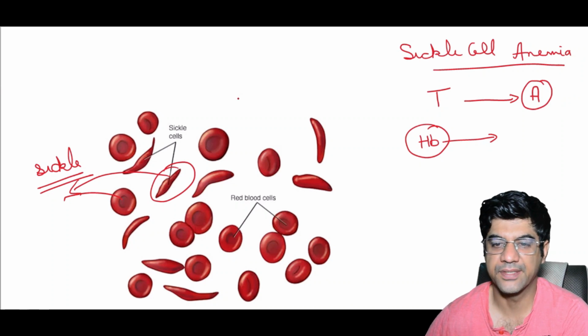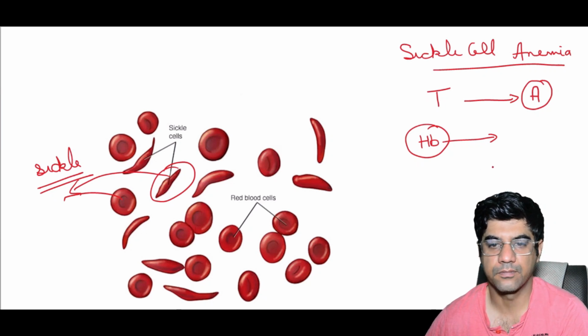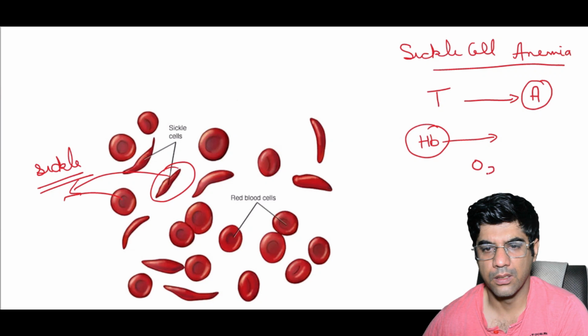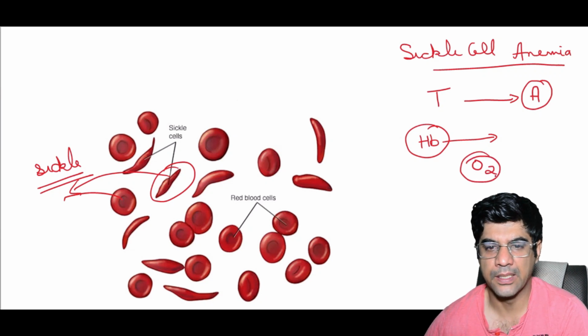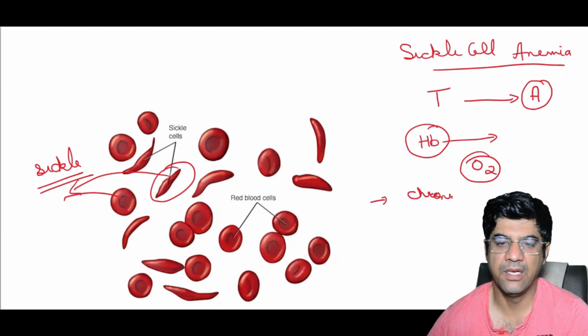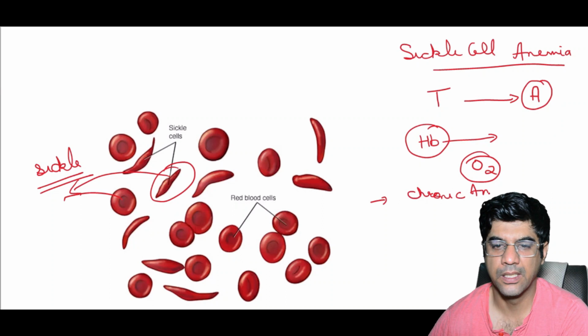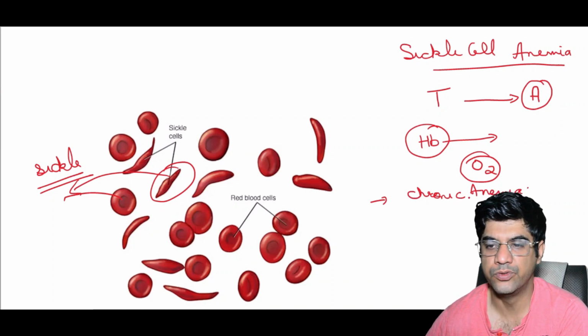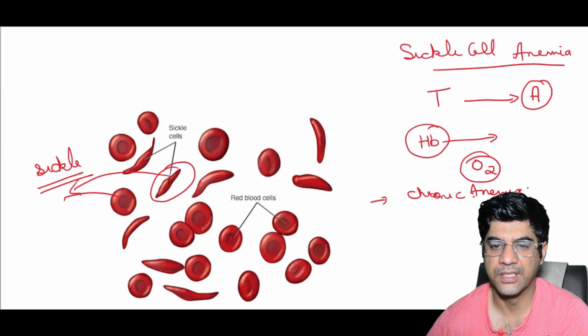So that makes it harder to carry oxygen and move through the small blood vessels. Patients with sickle cell anemia have symptoms like chronic anemia, like low red blood cell count. These sickle cells will block the blood flow and cause damage to the organs, which occurs due to the reduced oxygen supply.